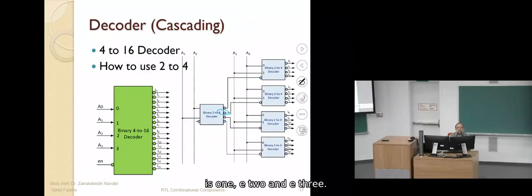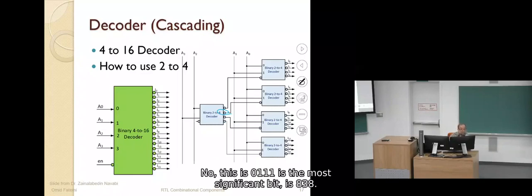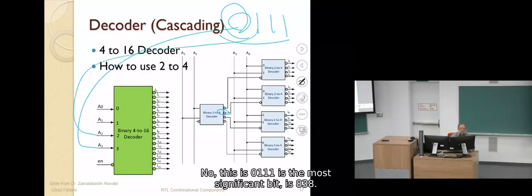One what? A2 and A3. Okay, what's the question? I didn't get it. Like 0, 1, 1, 1. No. Is 0 A0? Yes. No, this is 0, 1, 1, 1, the most significant bit is A3. And this is A2.